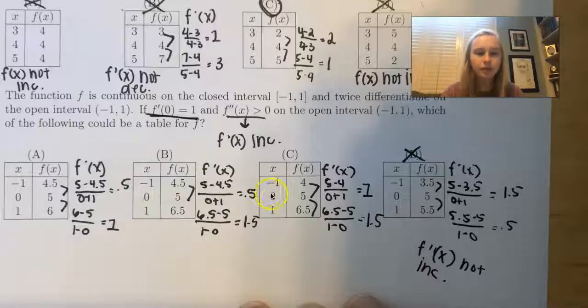So if we know that f prime of 0 equals 1, and we know that f prime is always increasing, then we know that 1 has to be between the two values of f prime that we found.